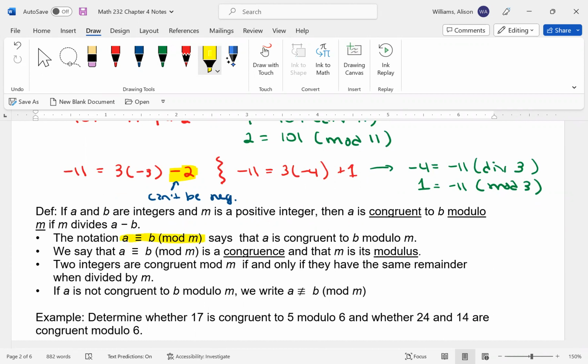Now remember, mod M means we're talking about a remainder. So what we're saying is it's possible to divide two different numbers by the same divisor and get the same remainder. All right.